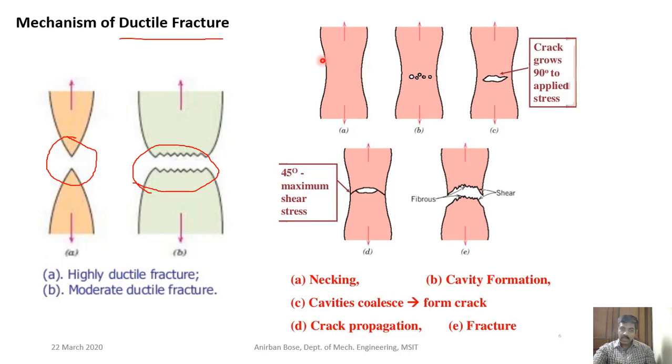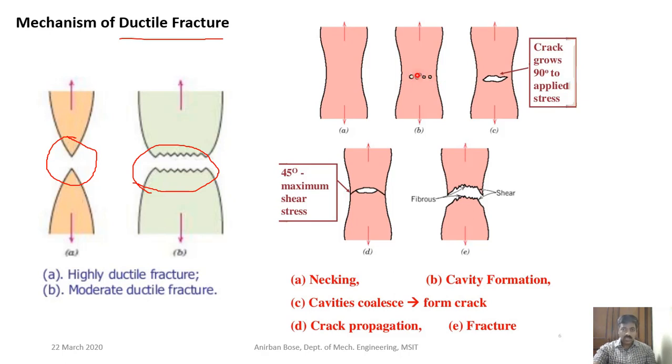Fracture occurs after necking in the sample. The sample is put under tensile test, and here you can see the neck formation started. That means a particular section where the cross-sectional area is drastically reducing. In the next stage you will see that some cavities are formed within the material, in that section where necking started.